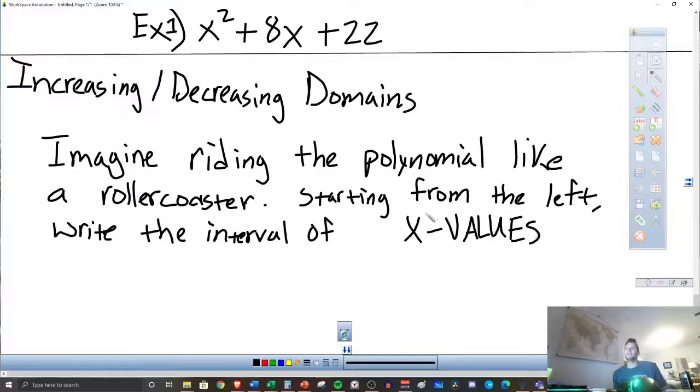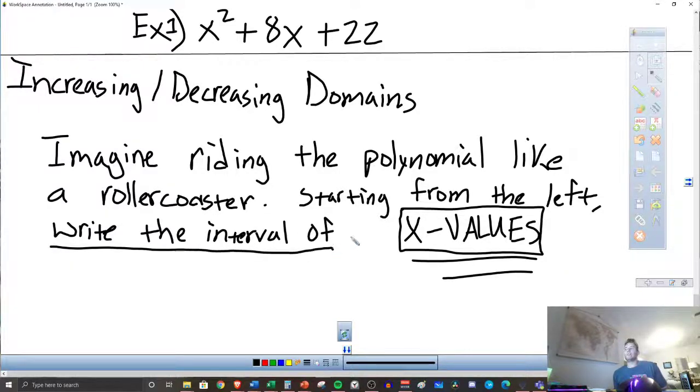And you should too. And then you should put a box around it. Underline it. Okay? We're writing the interval of x values. In your notes, I said something about interval notation. That's going to come into play here. So interval notation, you need to make sure you have that defined and understand how that's written. Okay?